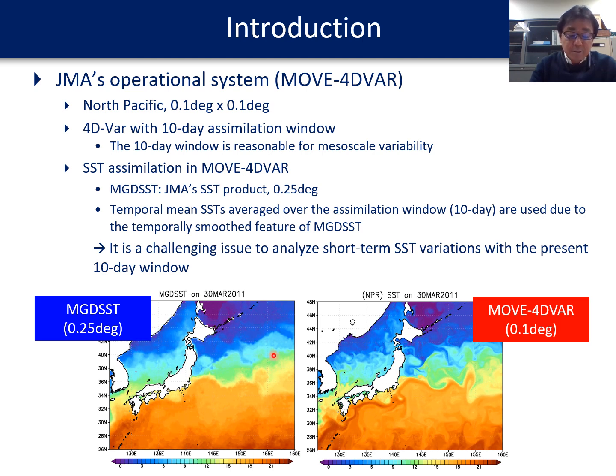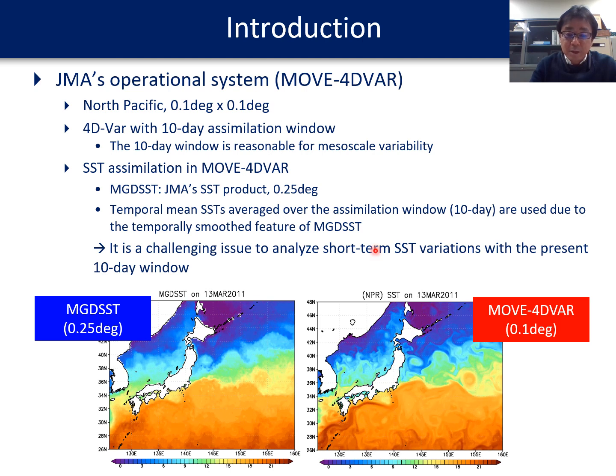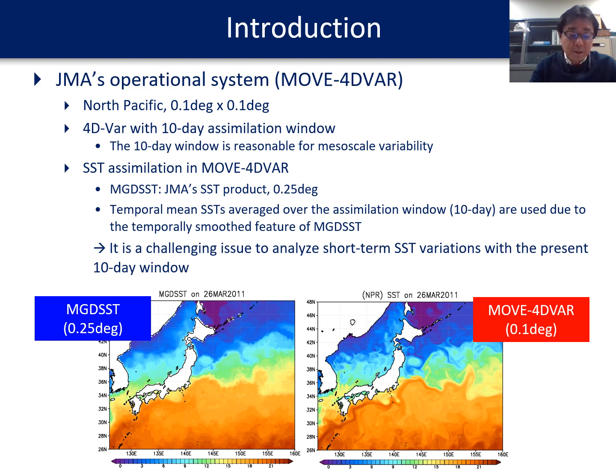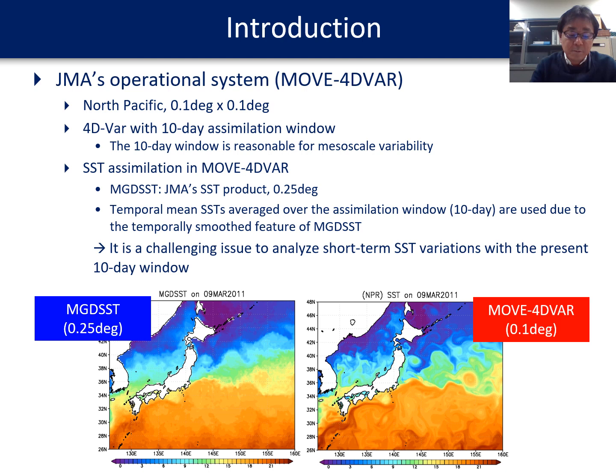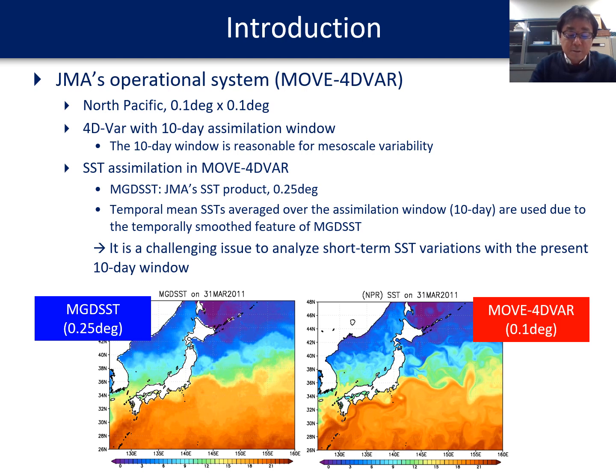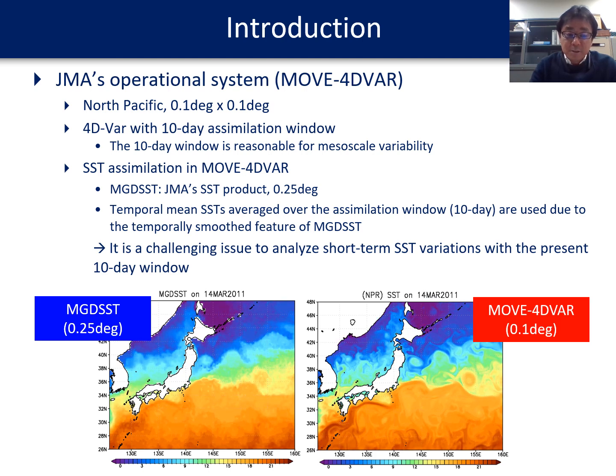That's why in this system, temporal mean SST averaged over the 10-day assimilation window is used for data assimilation. So short-term variations of SST are not forced by MGD-SST. So it is a challenging issue to analyze short-term variation of SST with the present 10-day assimilation window.